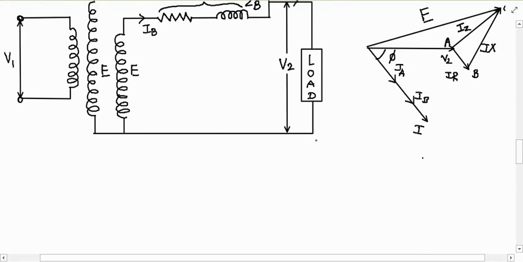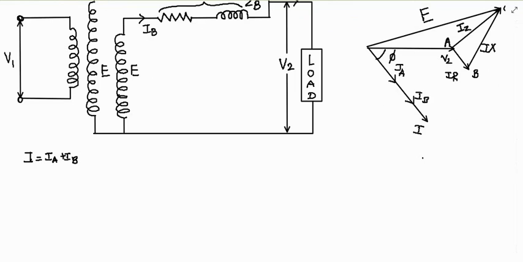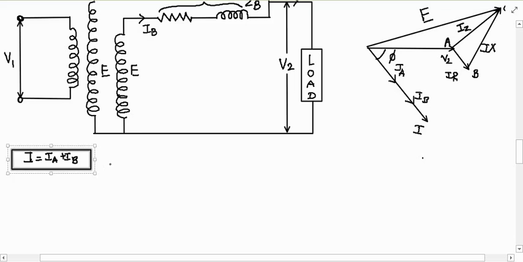So students, I can write here I will be equal to IA plus IB. Simply I apply Kirchhoff's current law to the circuit shown here. Then what is my V2?